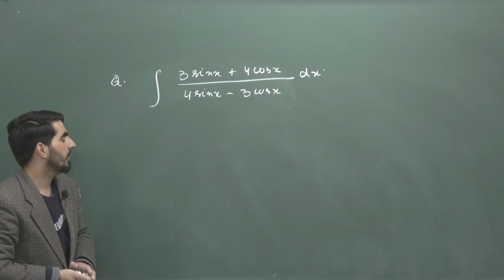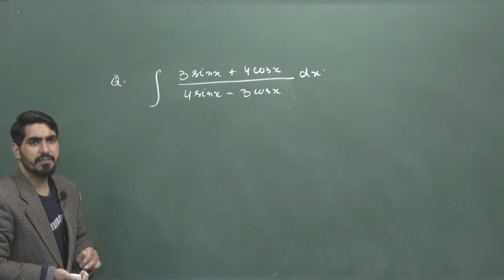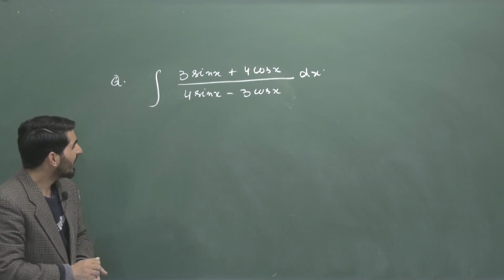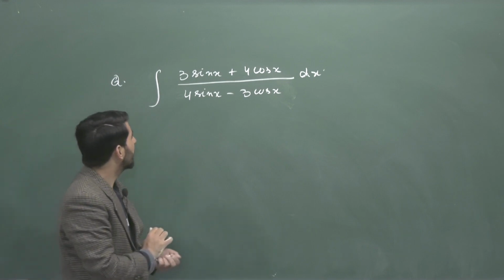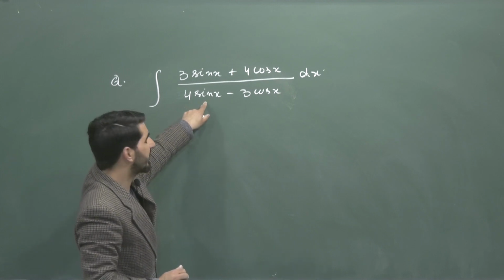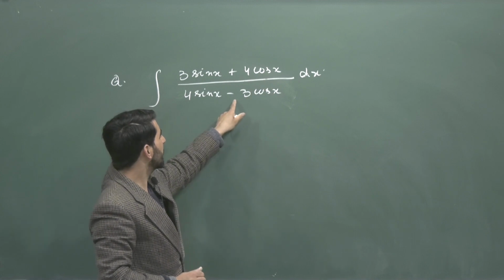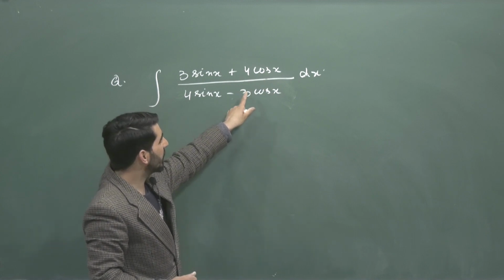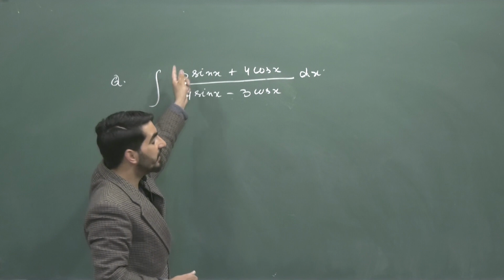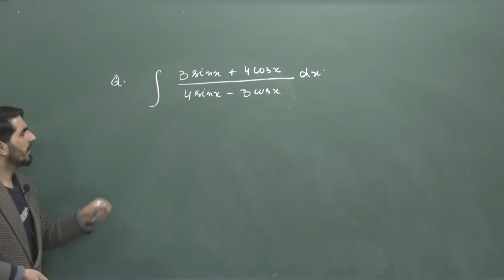We have to do this question by using the substitution method. So as we know that the differentiation of 4 sin x is 4 cos x, and the differentiation of minus 3 cos x is 3 sin x. So this is the simple way.